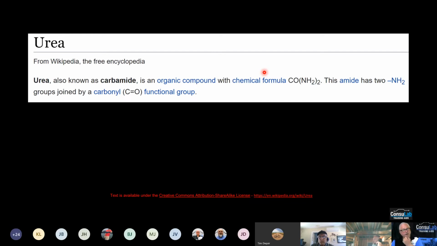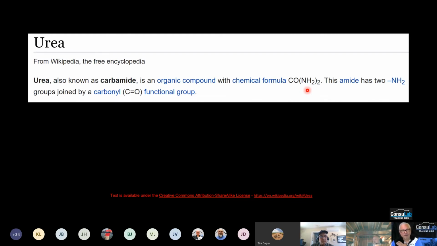So water and urea. Here's the makeup of urea. To not get too deep into this, carbon, oxygen, nitrogen, and hydrogen in various organic bonds and all that other stuff.